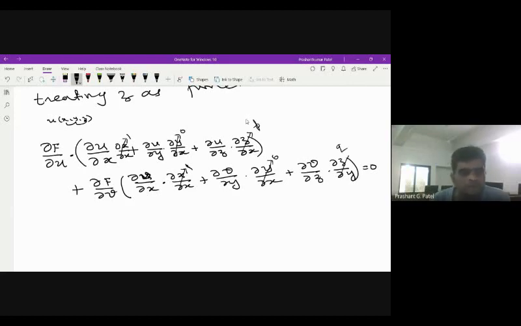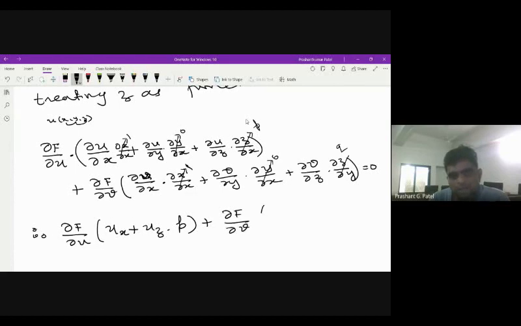So finally, the expression we get is del f by del u into del u by del x, which I may write as ux, plus the second term is 0, the third term is uz into p, plus del f upon del v into, not u but v, vx plus vz into q equal to 0.